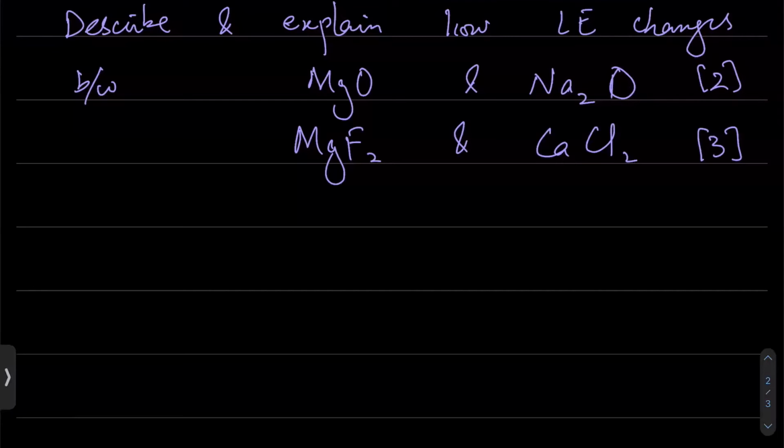So there will be three kinds of questions on lattice energy. The first question will be that they ask you to define or write the equation for lattice energy. The second question will be that they ask you to compare the different ions that you have, or compare one lattice with another, in terms of their energy and what factors affect it.